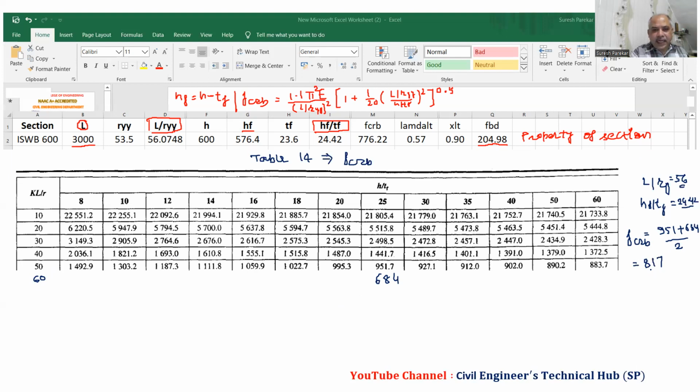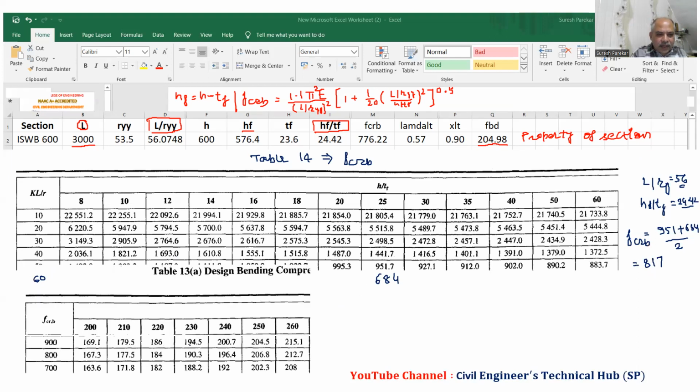Tentatively we are considering this, and then, knowing 817, you can see this. Close to 800, for 250 we have this value 206.8, and here our value comes 204.98. So you can consider tentative, approximate values closer to the values we have, and accordingly decide.